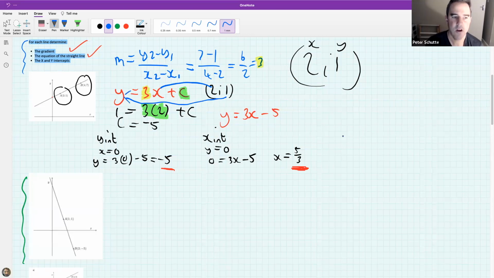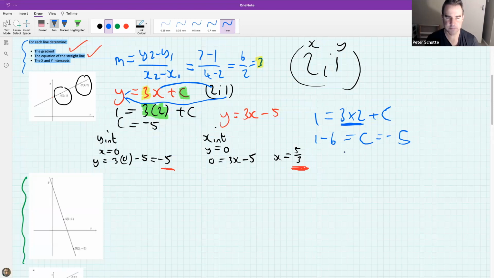Yes, sir. So then, at that point, what did you do with the C? Wait, sir. Because I think what I would have done is I would have brought that 6 across, and that's why it becomes negative. But I think there is a mistake in the question, so I understand why it's confusing.